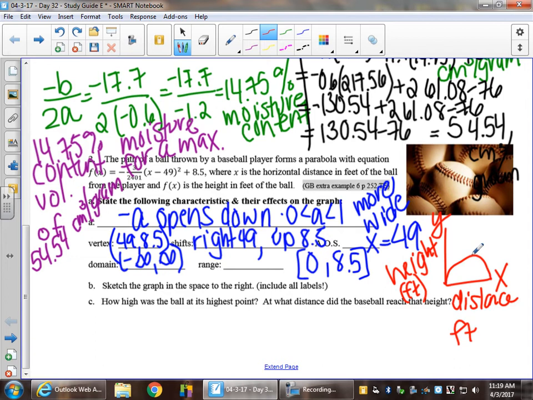We have a wide parabola. Our vertex, 49, 8.5. So on the test, if you were asked to draw or sketch a graph, this is generally what it should look like. We want you to label the axes, draw it, how wide or narrow it should be, and label the vertex. Okay, Hector, you can pass out the ball.